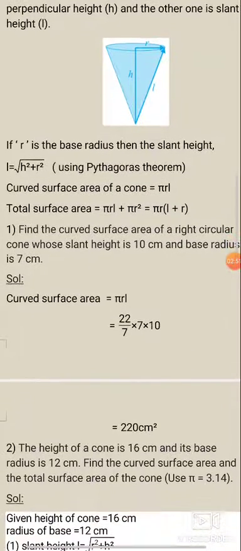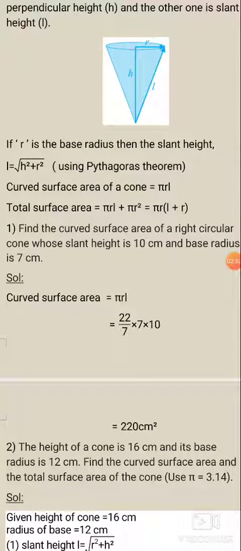Now the second question, listen. The height of a cone is 16 centimeter. So listen carefully. If simply the height is given, it is the perpendicular height. If it is slant height, it is given as slant height itself. Now the height of the cone is 16 centimeter and its base radius is 12 centimeter. Find the curved surface area and the total surface area of the cone.